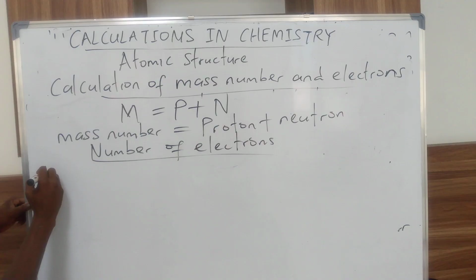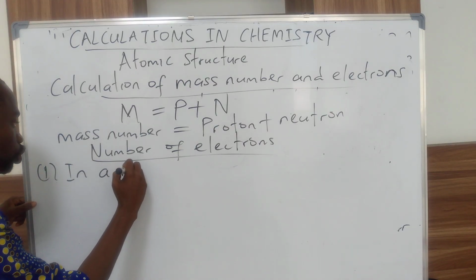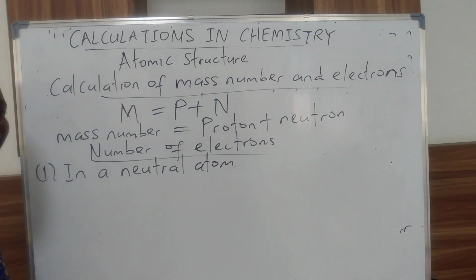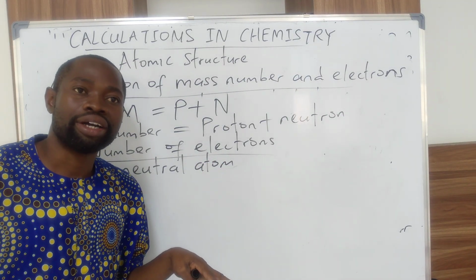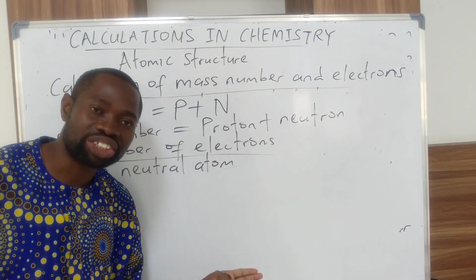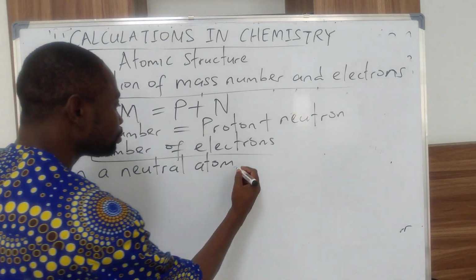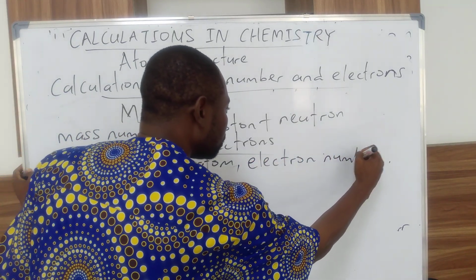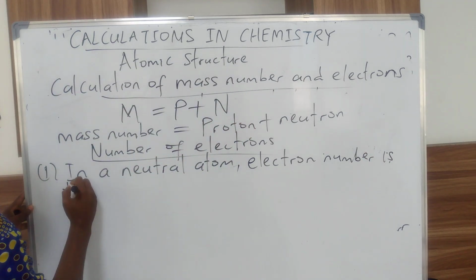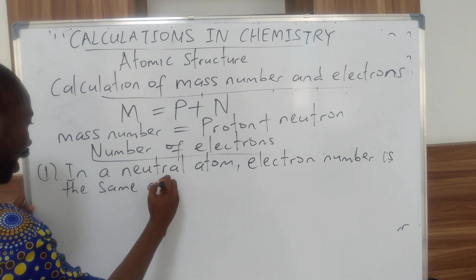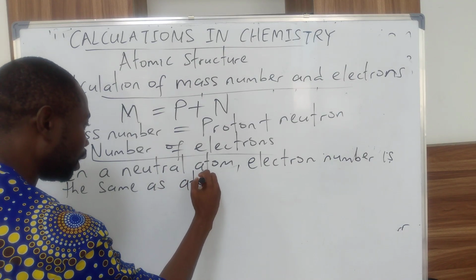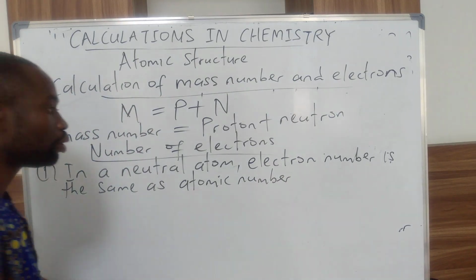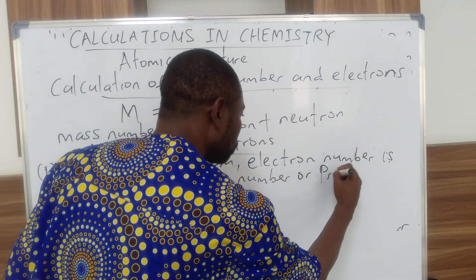Number one, in a neutral atom, which is an atom where you don't have any charge, whether negative or positive, the electron number is the same as your atomic number or proton number.